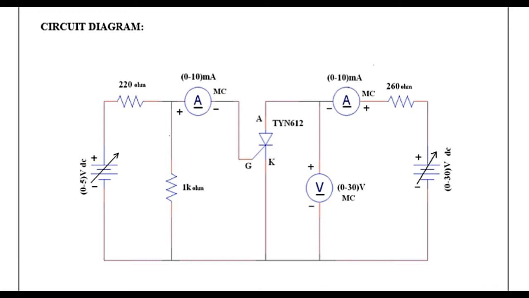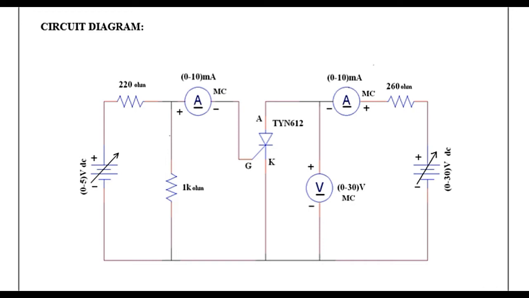To measure the gate current, one ammeter is connected in gate terminal, and to measure anode current, one ammeter is connected with anode terminal. In order to measure anode cathode voltage, a voltmeter is connected across anode cathode terminal.